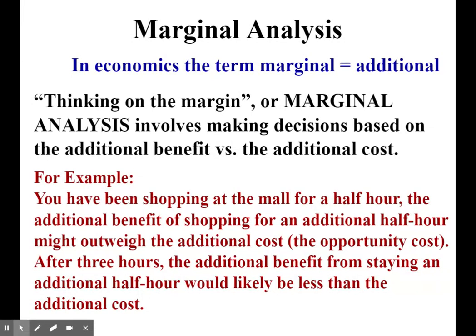So when we think about our decision making, when we're spending all of our time in a certain place, we're always looking at how much longer should I stay? And what is it going to cost me? Am I going to spend another half hour and go to 3 more stores and spend all of my paycheck? It's probably not worth it. Or should I cut my losses and go home now?